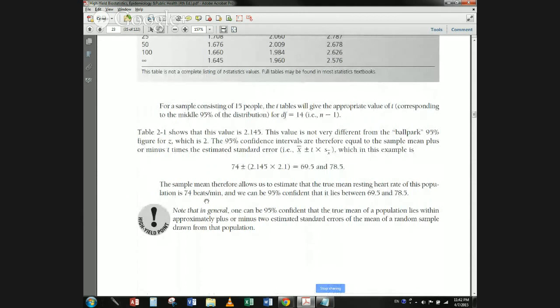So for a sample consisting of 15 people, the t-tables will give an appropriate value of t corresponding to the middle 95% of the distribution for degrees of freedom equaling 14, that is n minus 1.